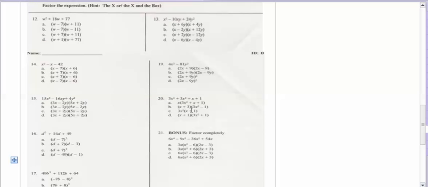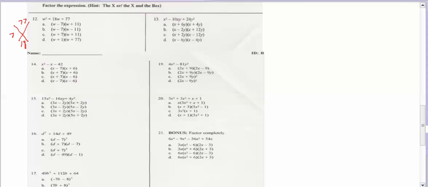Okay, now I'm getting into factoring. Number 12, I look and see if there's anything that I can take out they have in common. No. Okay, so then I look to see, is it a perfect square trinomial? No, because there's a perfect square there, but not one there. Okay, so then I do my X. So the first times the last is 77, and they add up to be 18.